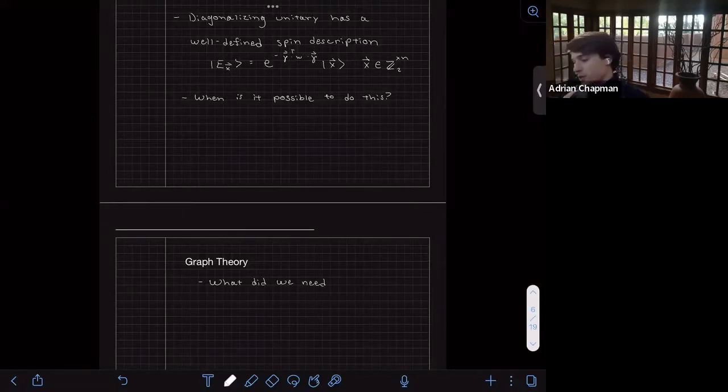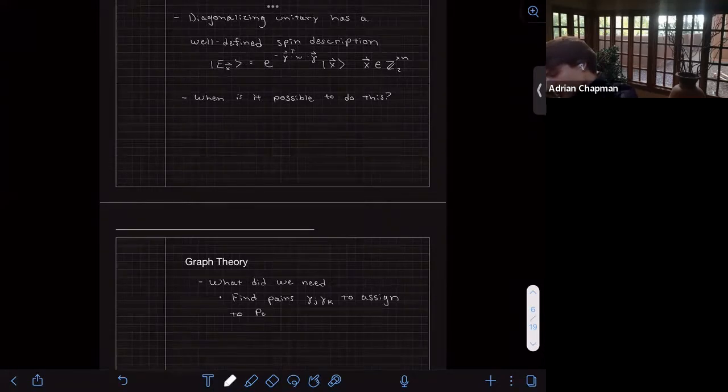We first need to find essentially quadratic pairs, I guess you could say, gamma j, gamma k, to assign to the Pauli terms of the Hamiltonian, say sigma u, such that the commutation relations are preserved.